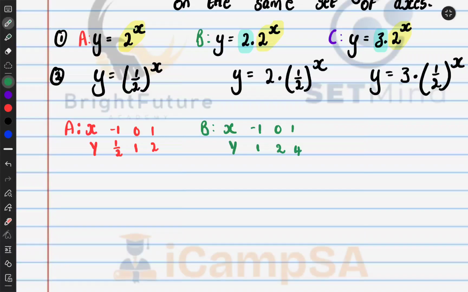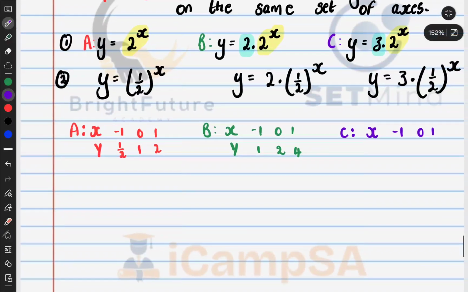And then for c, you can punch these into your calculator in order to verify them. It's just that I can't write everything down, it will take up a lot of space. You simply substitute these x values that we have picked, -1, 0 and 1, wherever you see x, and the calculator should do the rest of the work.